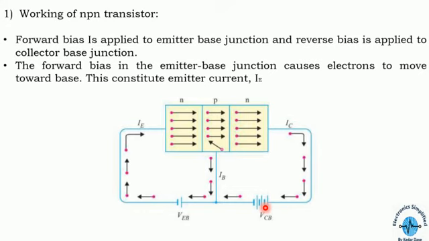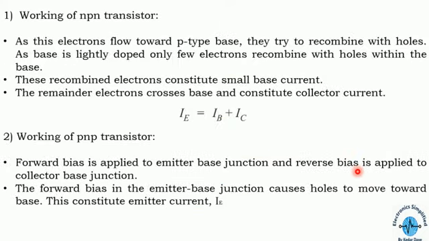So this is the working of an NPN transistor, and likewise we can also understand the working of a PNP transistor. The equation which I discussed in the previous slide is over here. These recombined electrons constitute a small base current. The remaining electrons cross the base and constitute the collector current, that we have already discussed.